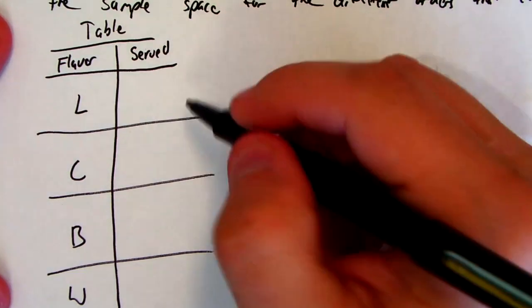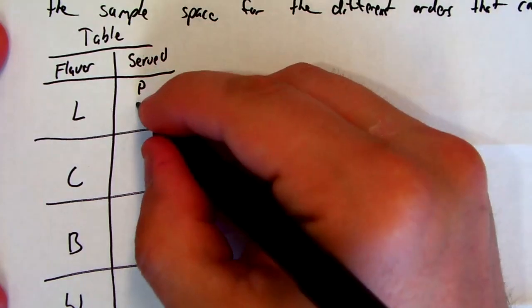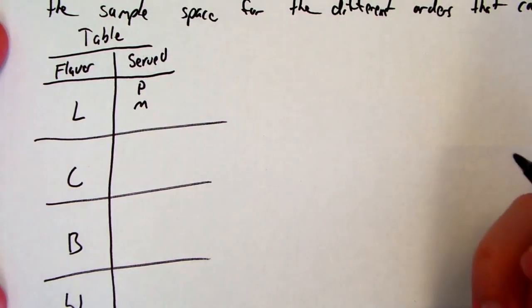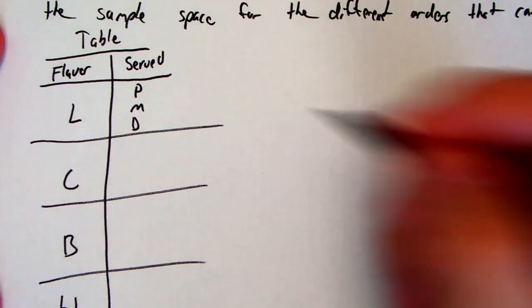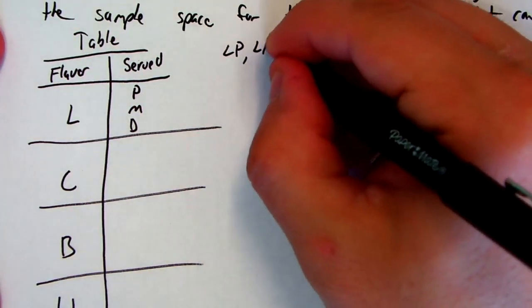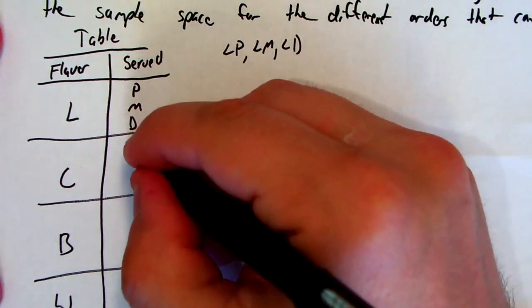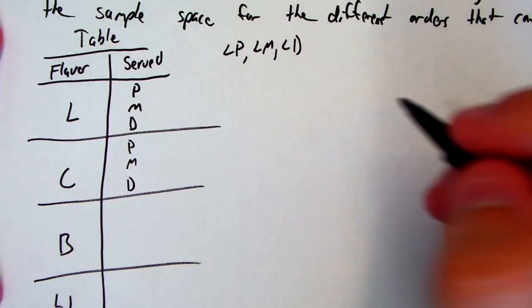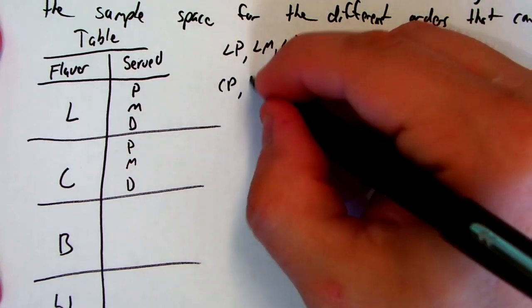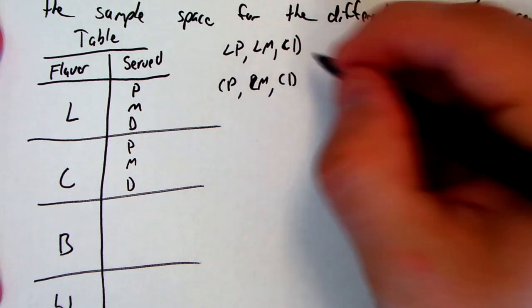Now, it can be served either plain, so P, mixed with ice cream, so M, or as a drink, D. So we could have lime plain, lime mixed, lime drink. Same thing here, we could have cherry, plain, mixed, or drink.